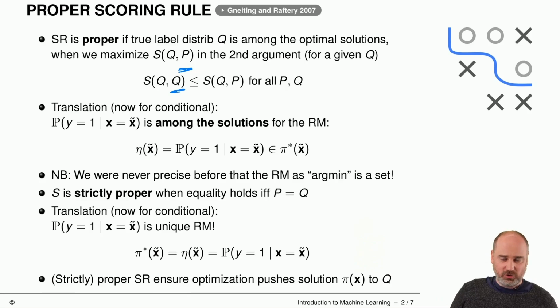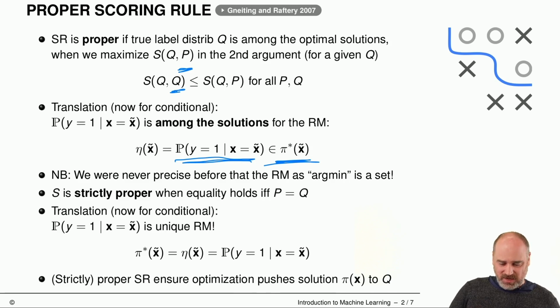And if you look at this conditionally and just use different symbols that we've introduced before, and that's sometimes a little bit confusing, that we have all of these different symbols going on here, but hopefully this is not too hard to understand. So I could also look at this conditionally, right? And conditionally, I would now talk about this risk minimizer, what we have always denoted with pi star of x, pi star function of x. And this here is the true conditional distribution, right?